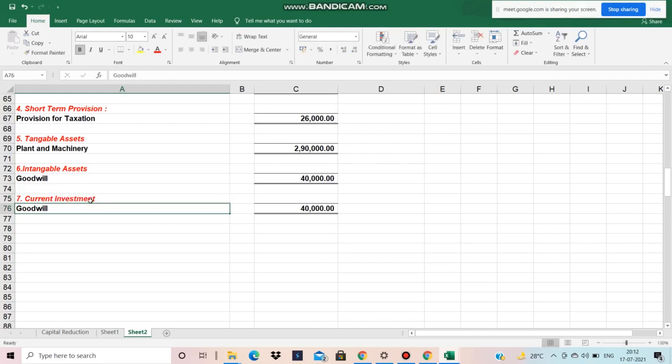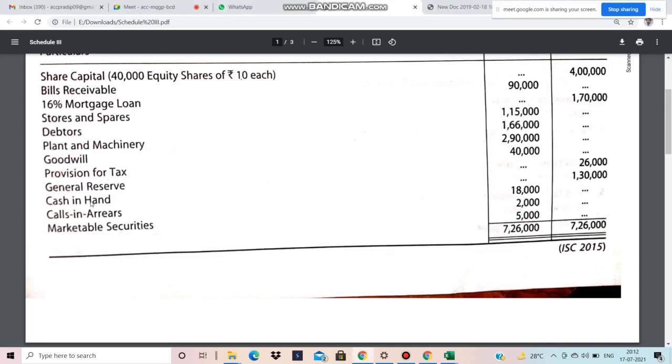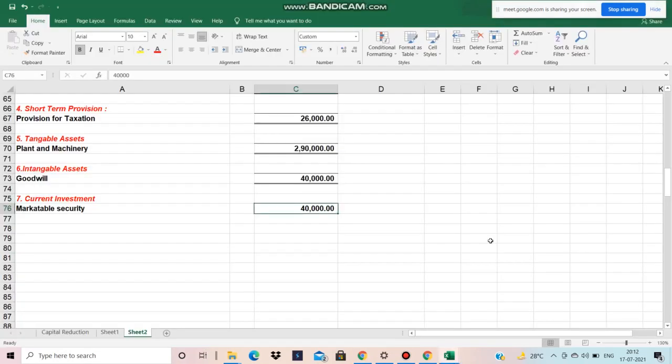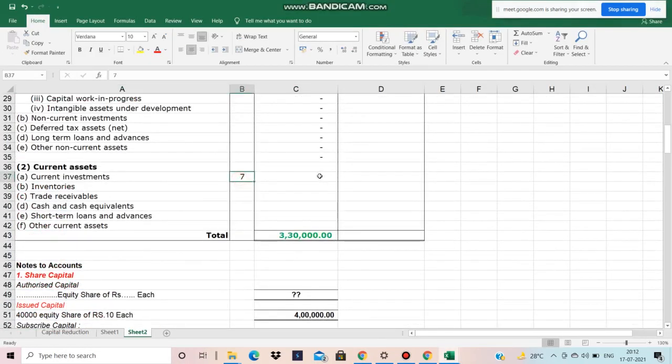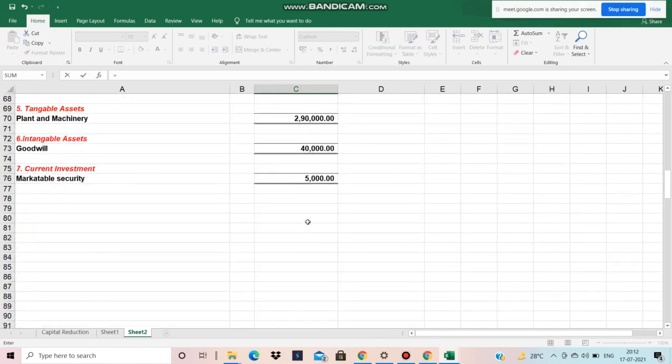So under the current investment, the marketable security will come. So what is the value of marketable securities? There are marketable securities of only 5,000. So under the current assets, note number 7, the marketable security.